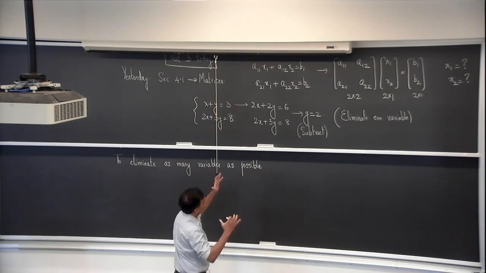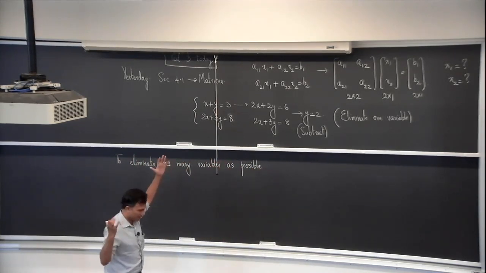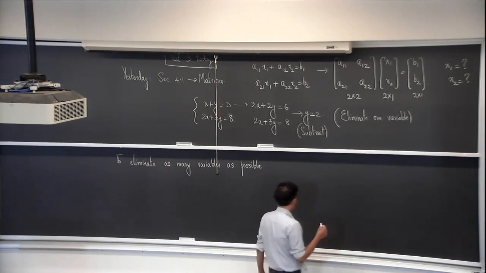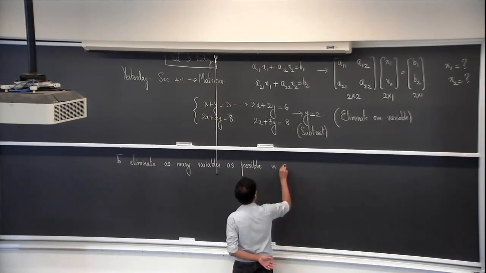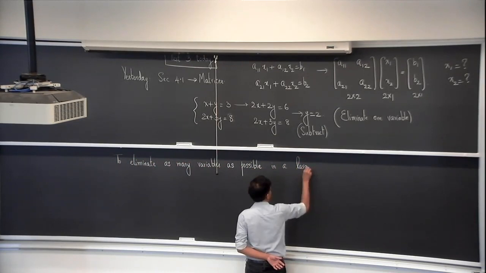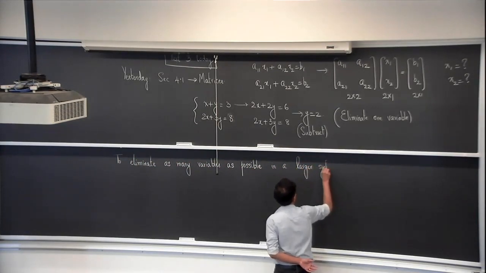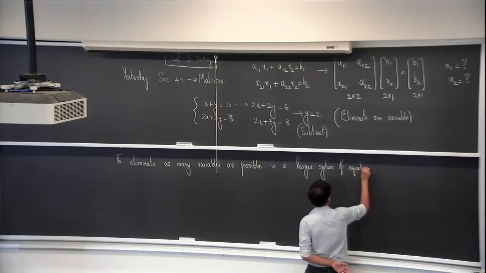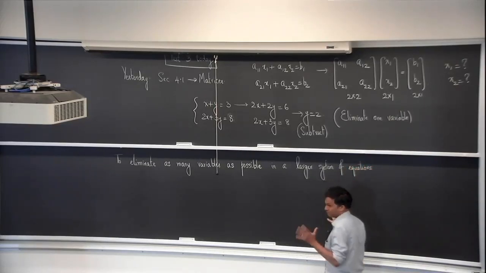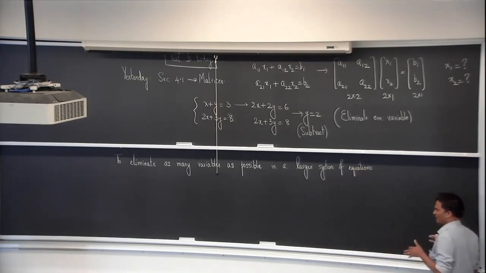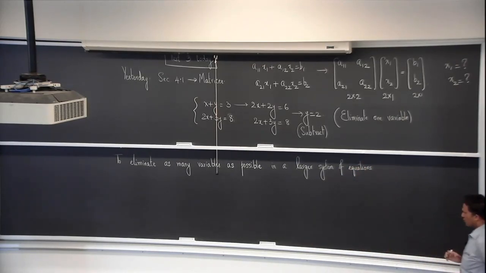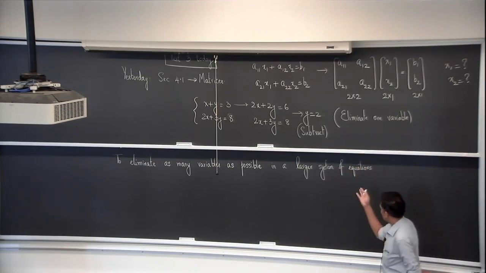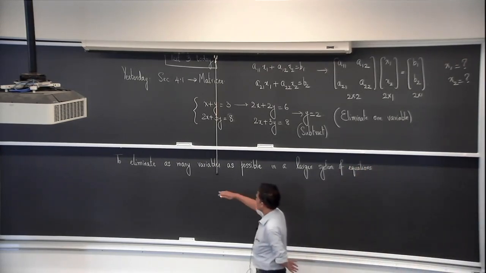in a larger system, this is a 2x2 system, so nobody really cares about how you do it because you could do it by hand. In a larger system of equations, even if you had, say, 4 equations and 4 variables, that is large enough that it is hard to do by hand, unless there are some zeros already waiting for you there. If it is a random set of equations, 4 equations and 4 variables, it's not easy to do. So the point there is to eliminate 3 of them and keep 1.